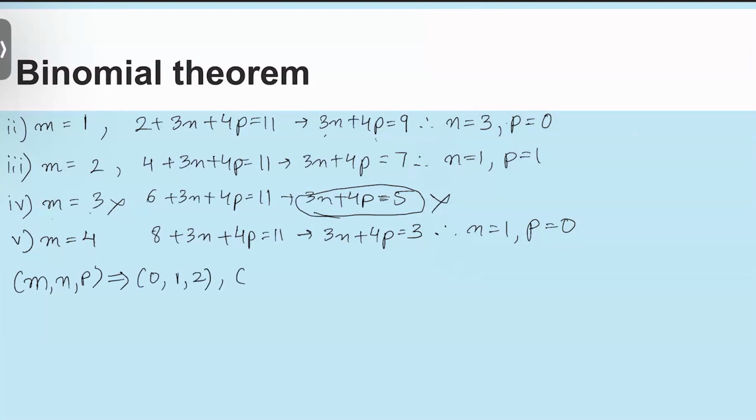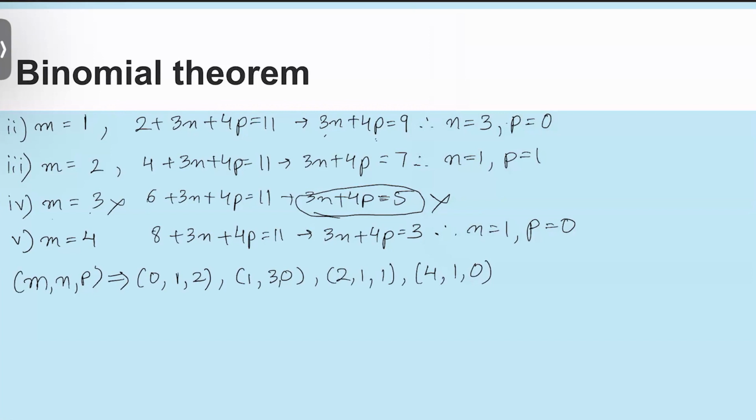Then you have 1, 3, 0. Then you will have 2, 1, 1. And the last combination that we have is 4, 1, 0. So these are all the combinations that you can take for m, n and p.